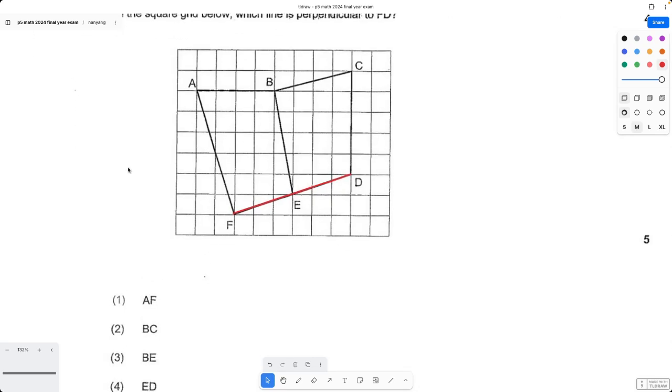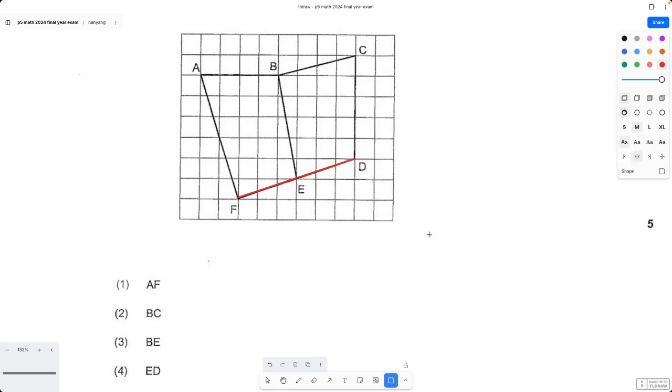The only thing is you can use a ruler. So I'm going to use a ruler over here to check which is perpendicular. In this case, you can see that AF is perpendicular, EB is not perpendicular, and CD is not perpendicular.